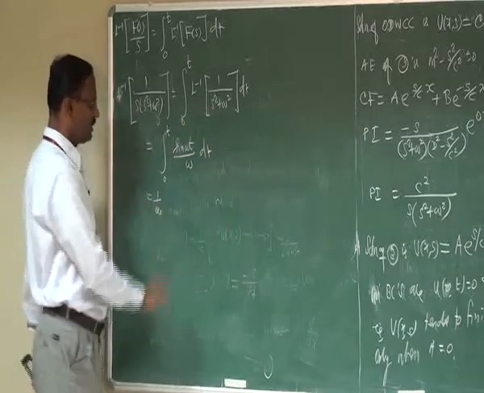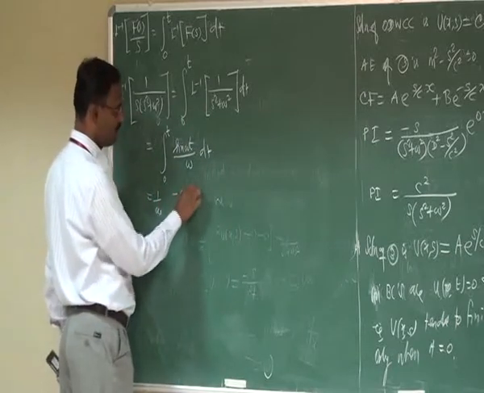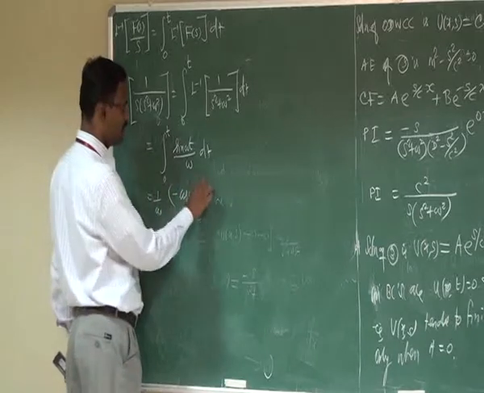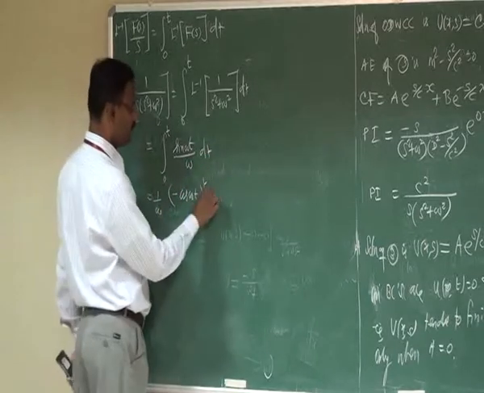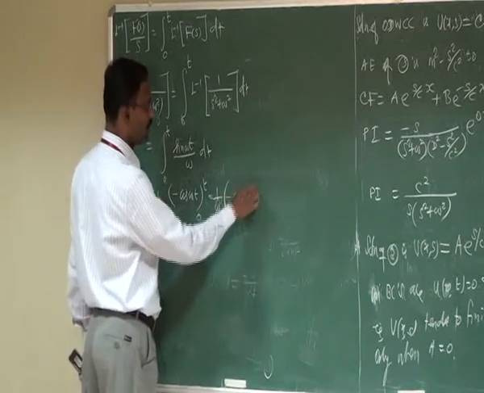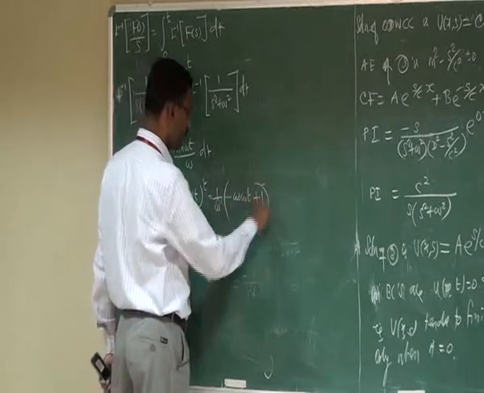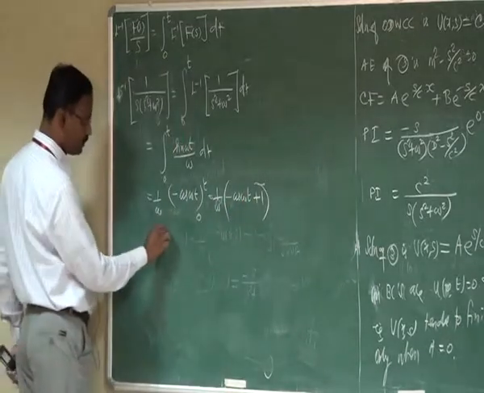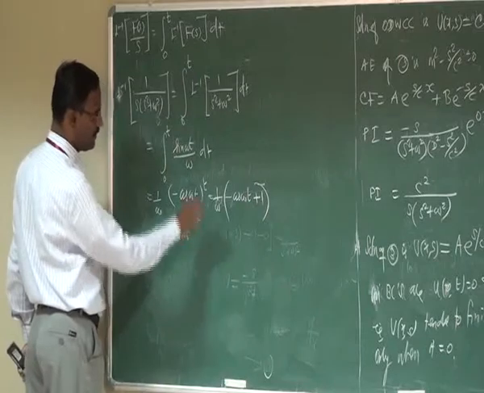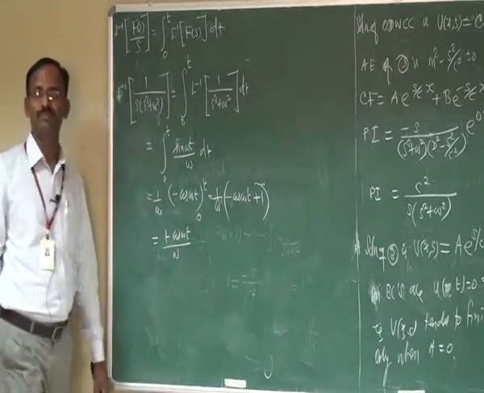Here 1 by omega is a constant, and the integral of sin is minus cos of omega t, from 0 to t. When we substitute the upper limit, minus cos omega t, plus the lower limit, cos 0 is 1. So it is equal to 1 minus cos omega t divided by omega.